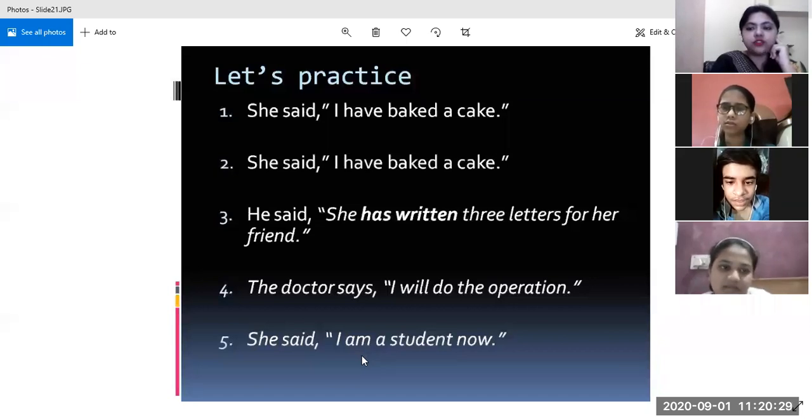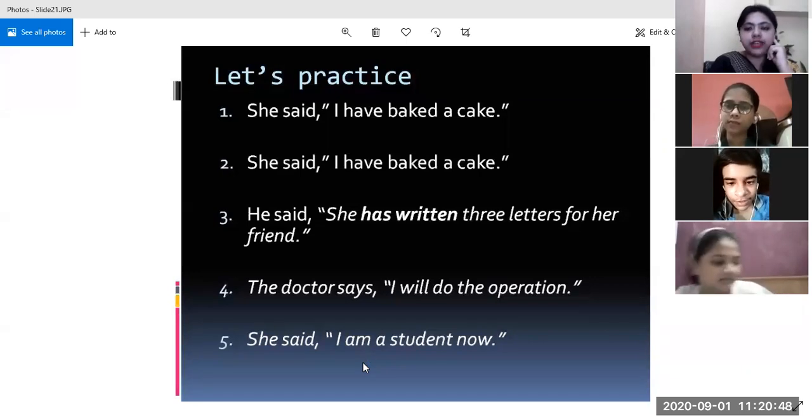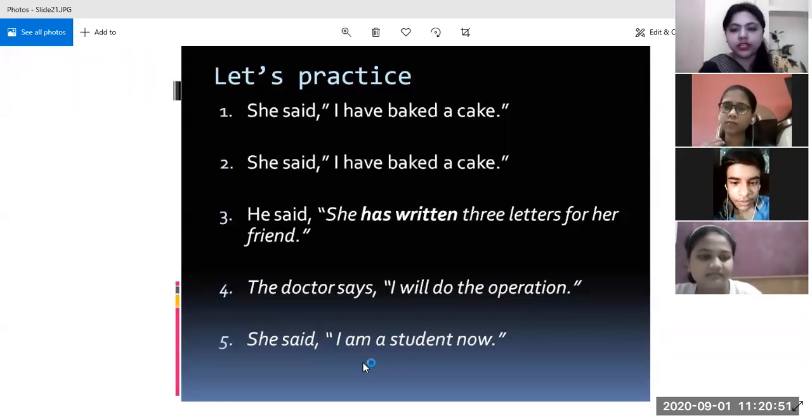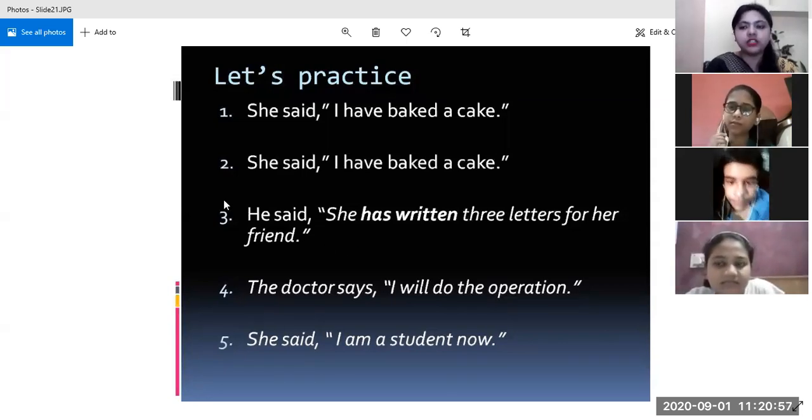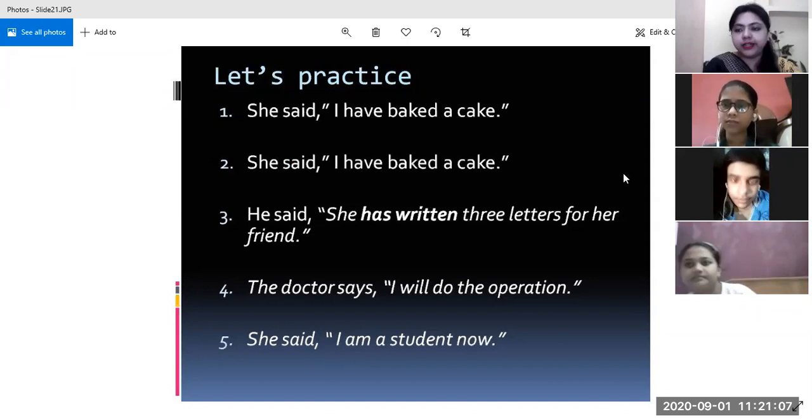So Athar, Juveria, and Shubhi, the answer will be she said that she was a student then. Am will also get changed, right? We did the tenses also, no? So am will also get changed into was. So do this correction in your copies. Otherwise, well tried. You people changed now into then, but then you have to keep everything in your mind while doing the transformation. Okay. Juveria, mute yourself. Next, let us move on.